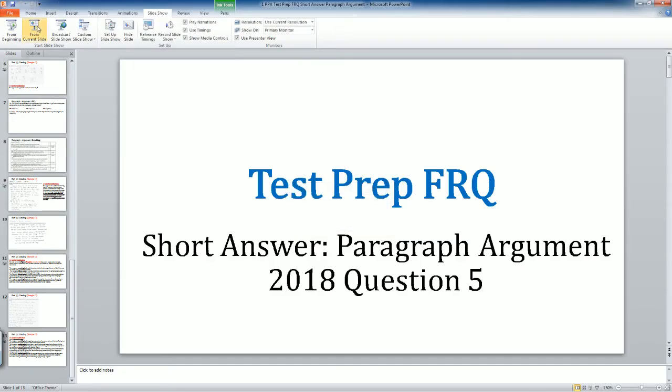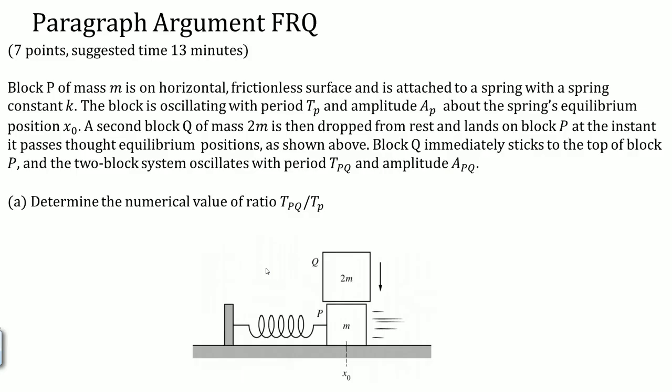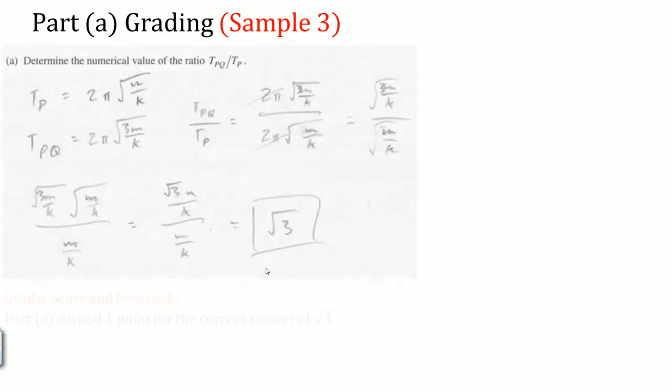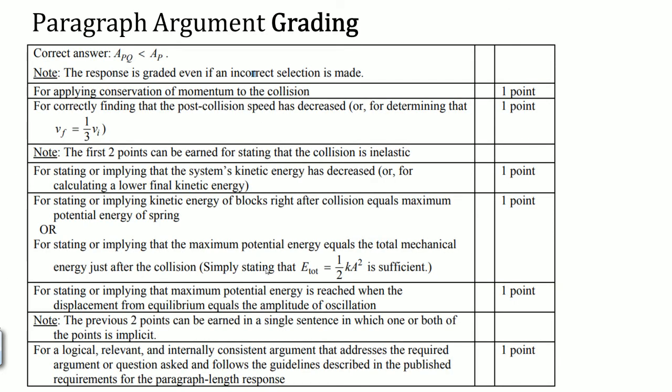So the reason why this question is very hard to get points on is the way it's graded for the stating or the implying. As long as you provide information that the graders know that you're implying it, you can still earn the points.